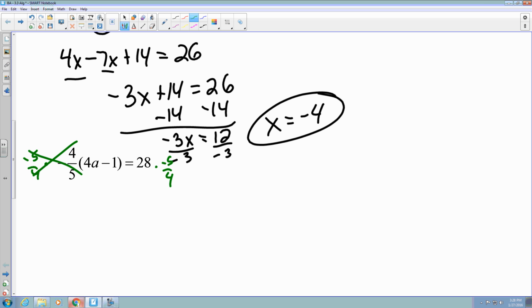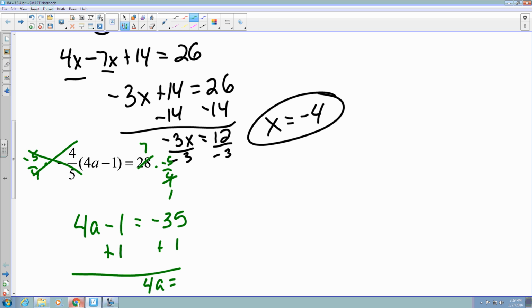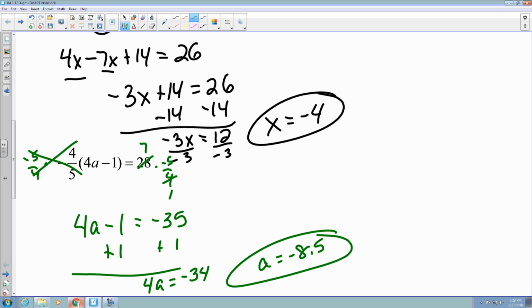And once I cancel those out, on one side I have 4a minus 1, and then here I can make this 1, I make this 7. 7 times a negative 5 gives me a negative 35. Now that's much easier to solve without the fraction. So I add 1 to both sides. I got 4a equals negative 34. And then dividing everything by 4, negative 34 divided by 4 gives me a equals negative 8.5.